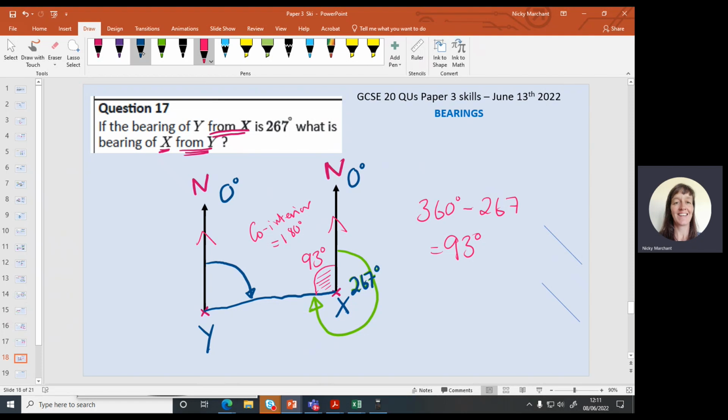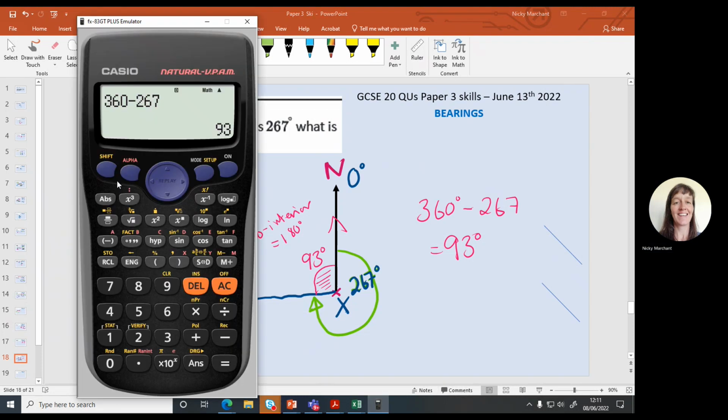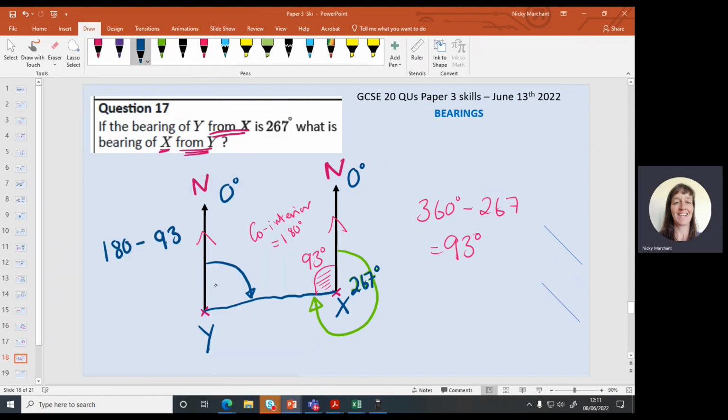So what I need to do now is have the 180 co-interior, take away the 93, that pink angle that I don't want, and to find this one, the 180, take away the 93, 87 degrees. So this angle here is 87 degrees.